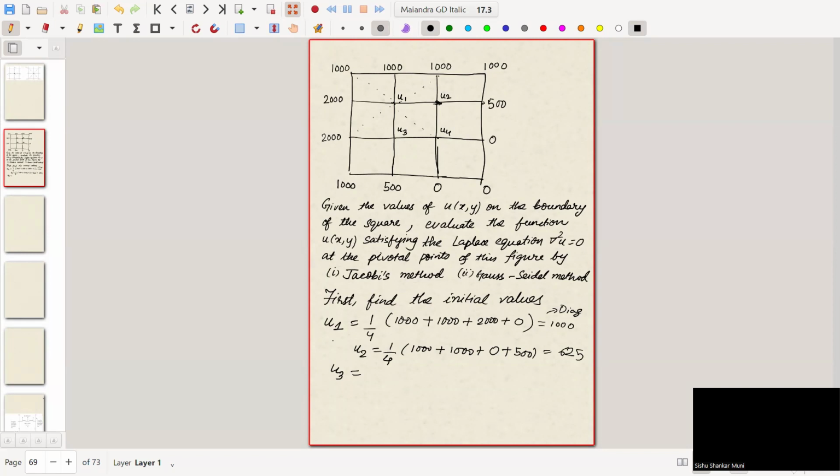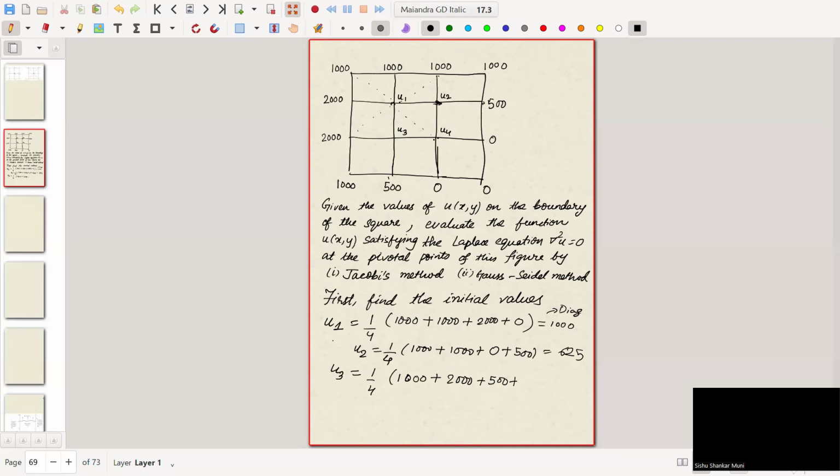Using the standard 5-point formula, it is 1 by 4 of U1, which is already calculated, plus 1000, plus 1000, plus 500, plus U4.